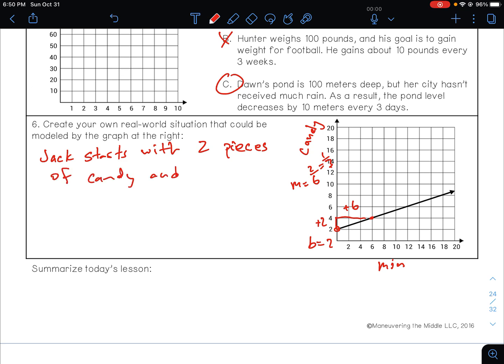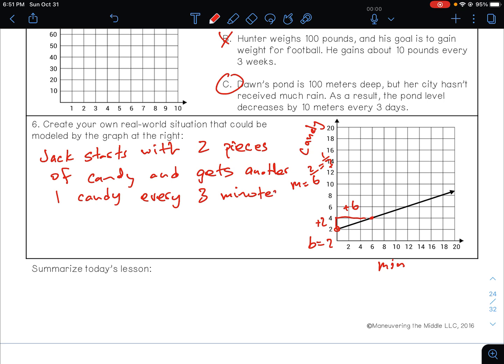And gets another... no, not 2 candies. Our slope is 1/3, so we could say 2 candies every 6 minutes, but probably best to say 1 candy gets another 1 candy every 3 minutes.